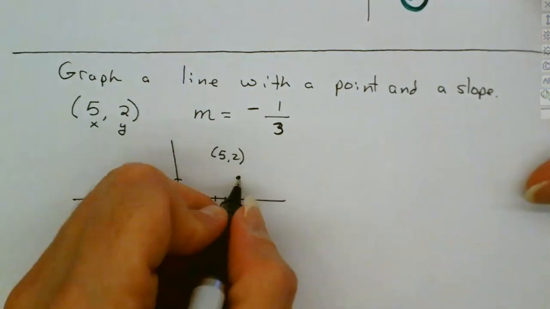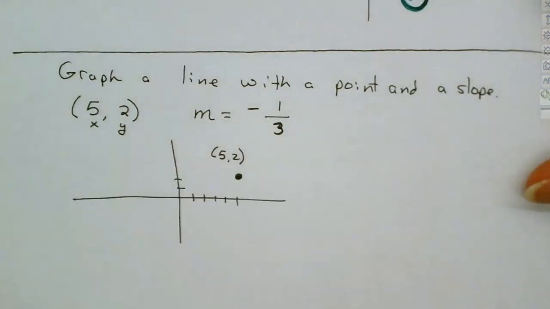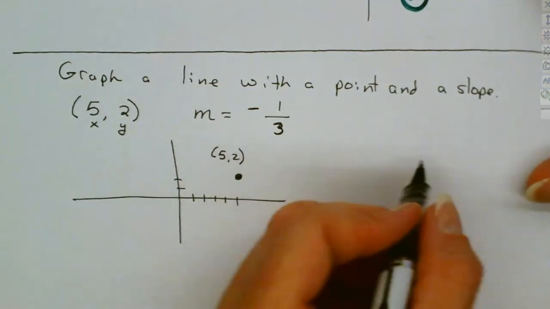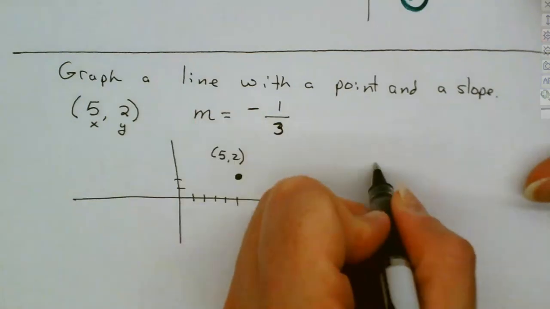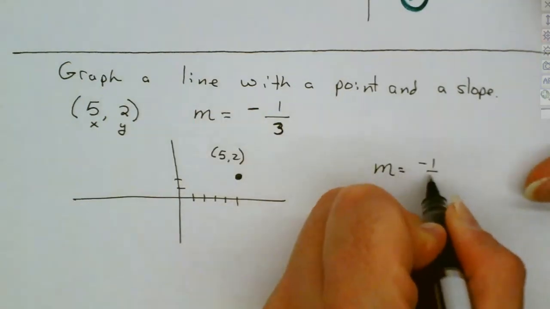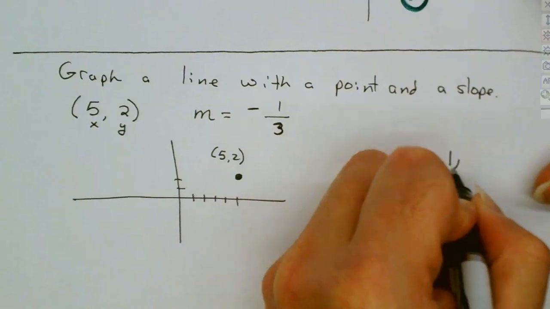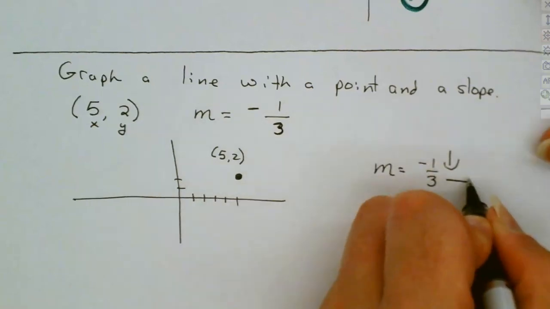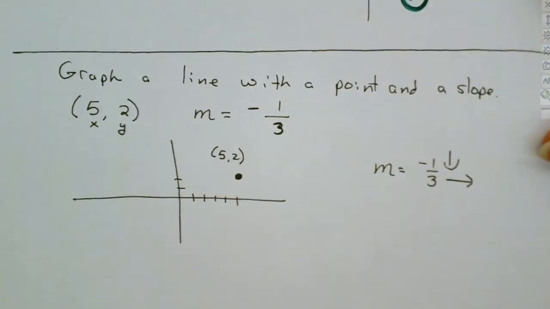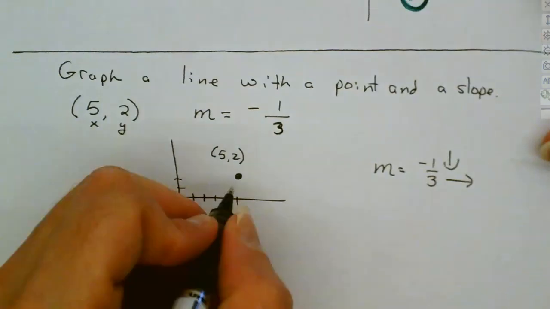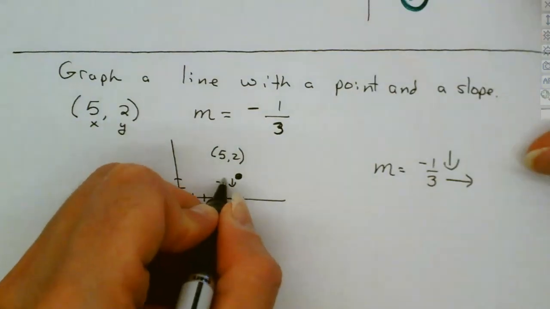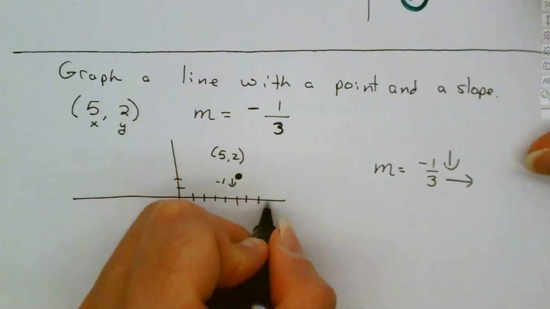From that point, this is where we're going to start. From that point, we've got a slope of minus 1/3. So that means we have to go down 1 and over 3. So we're going to go down 1 and over 1, 2, 3 units.